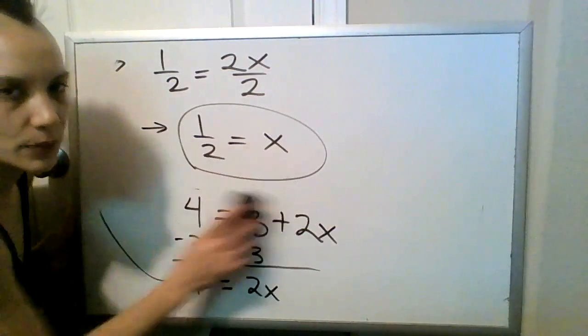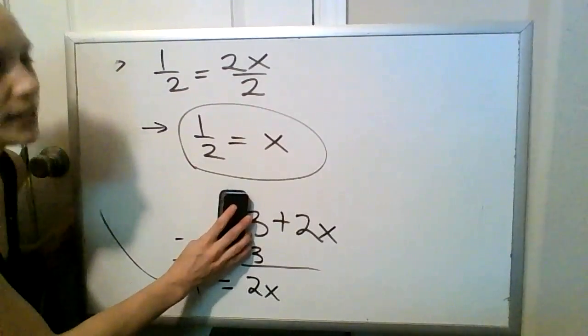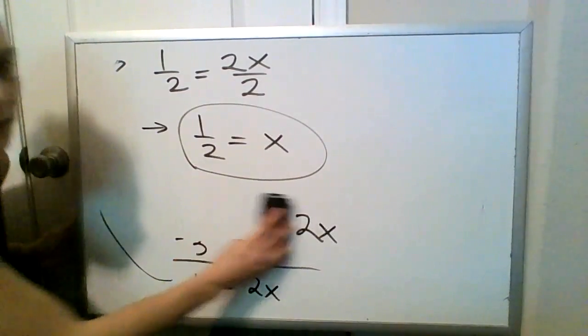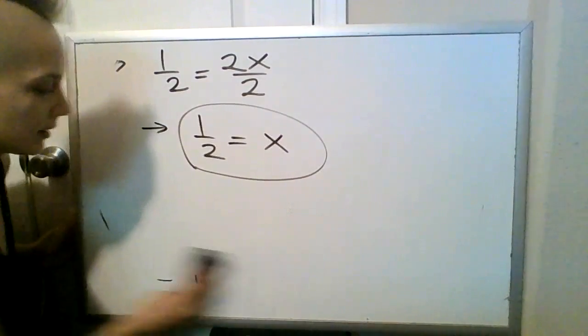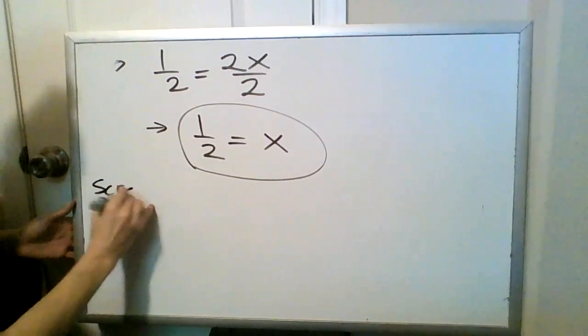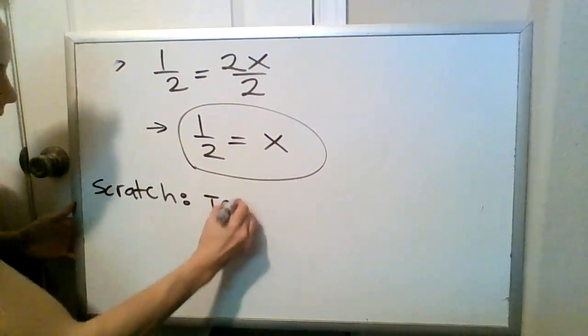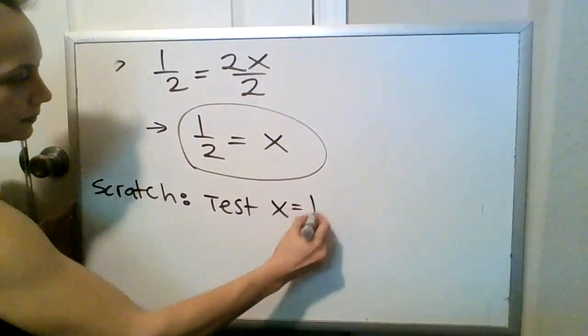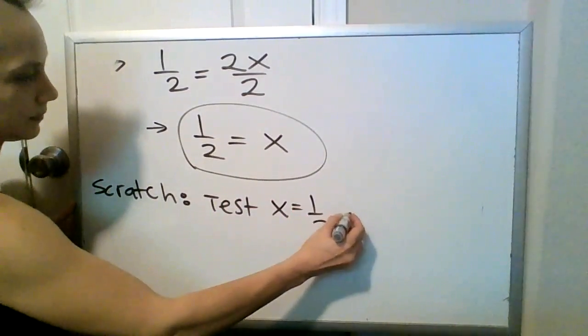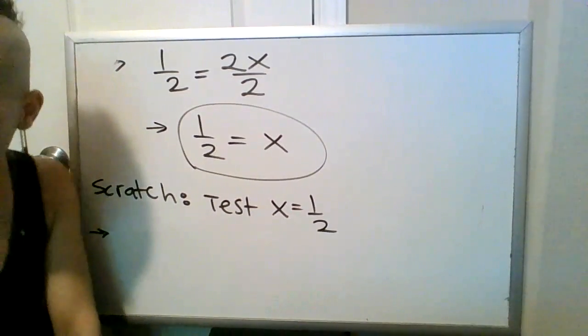And I went ahead and said this is the solution, but I should check by putting in x equal to 1/2. So we're going to test that. So back to the beginning of the problem.